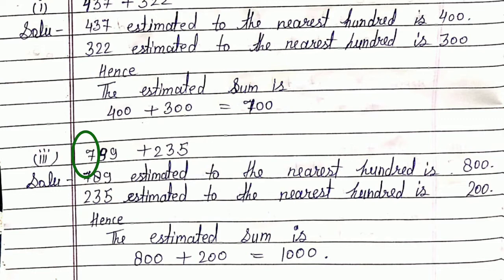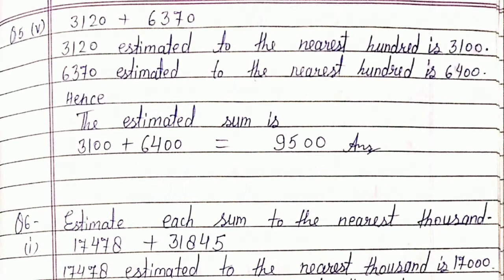Now the next number, 235 estimated to the nearest 100, that is 200, because near the rounding place 3 is there, which is less than 5, so we will not add any number to the rounding place. Hence the estimated sum is 800 plus 200, which is equals to 1000. Let us try one more part of this question. Part number 5.